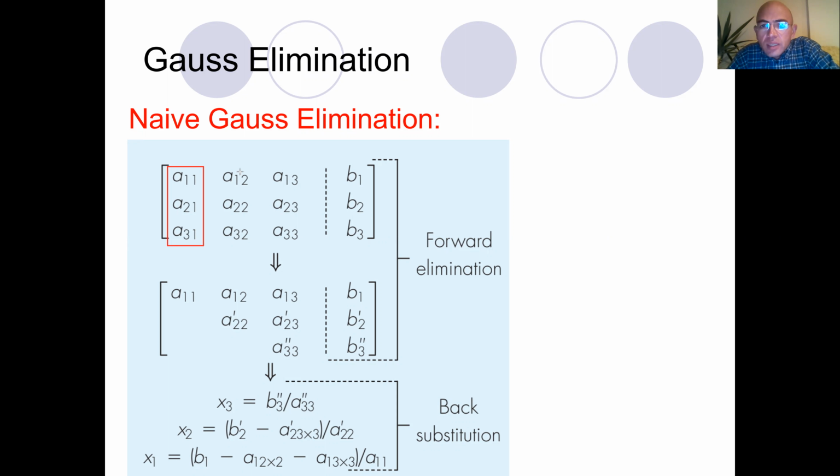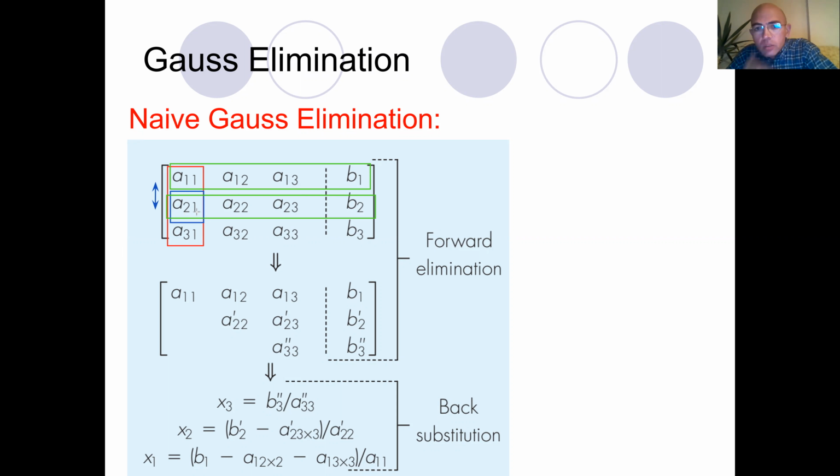For example, let's say that A21 is the largest one in this column. Changing the places of the equations will not change anything. So I put the second equation into the first row, and the first equation into the second row.